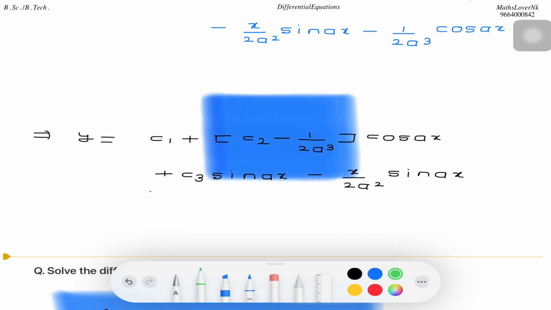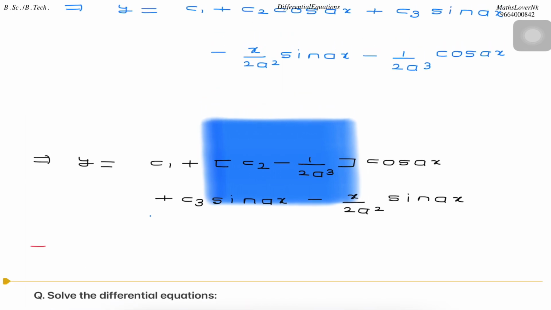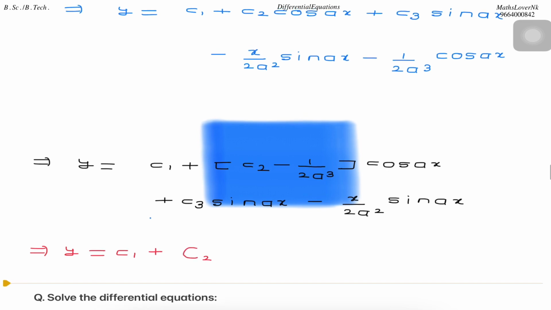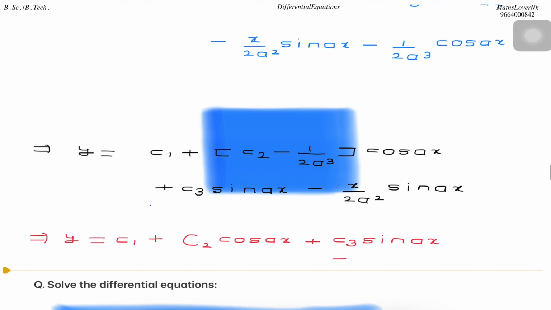We can take it as a capital C. Then y = the complete solution: C1 as it is, plus we can take capital C, so C2 cos ax + C3 sin ax minus x upon 2a² sin ax. That is our final solution.